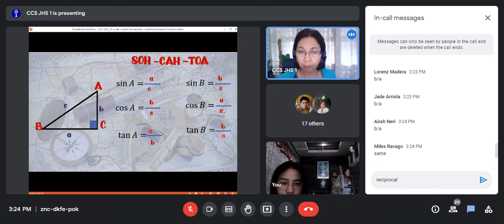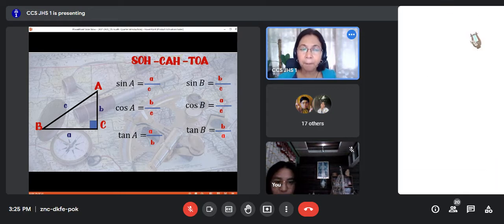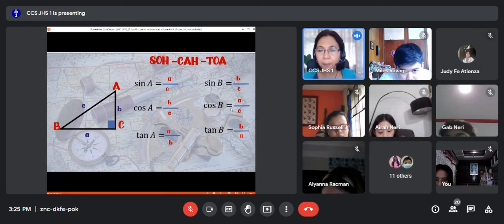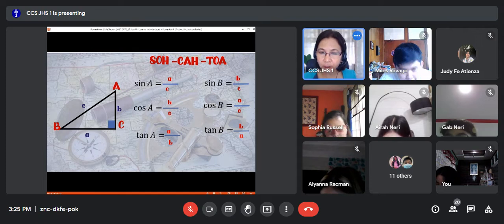They are the same, okay? And then cosine A and sine B, they are the same because they are cofunction. Because angle A plus angle B is equal to 90 degrees. Okay, they're cofunction.